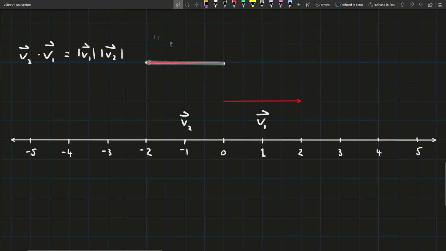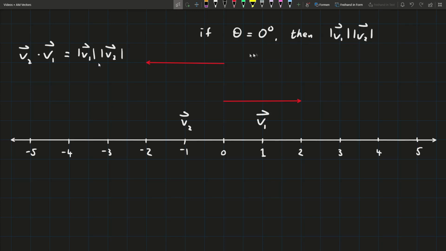So we want to multiply this by something that, if the angle, which I'll call theta, is equal to 0 degrees, then it should be just V1 times V2, the magnitudes, and if theta is equal to 180 degrees, then we should have the minus version of that.